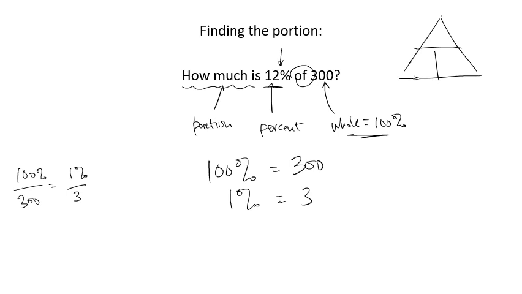This is acting more as a ratio, which again, we'll talk about more in chapter 7. But operationally, it's behaving like a fraction, so we can blur the line a little bit. And so now what we want, the problem was asking about 12%. And so we can multiply this by 12 and multiply this by 12. And so we get 36.